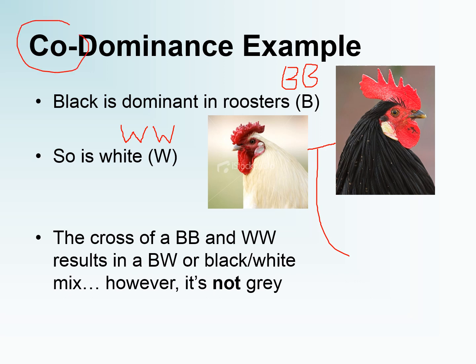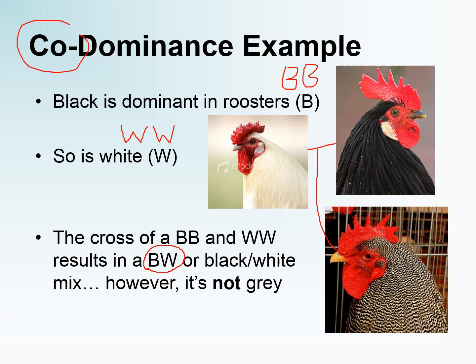When we cross the two big B's and the two big W's, all of the offspring roosters are going to inherit one big W and one big B. Because it's codominance, this offspring rooster is known as a speckled rooster, because you're going to see both colors.